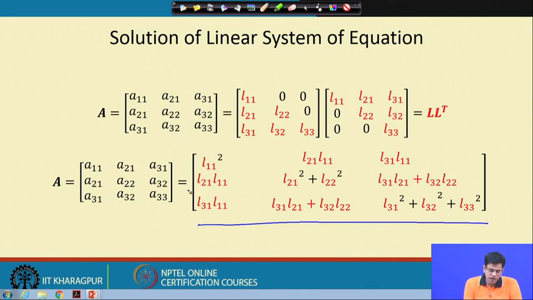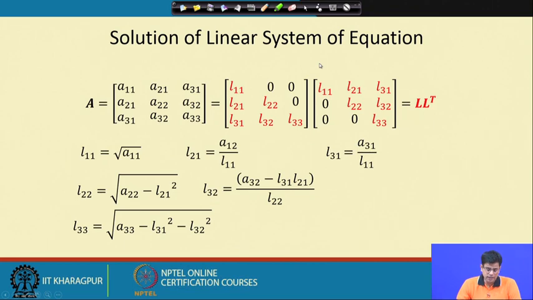Now, by comparing each element of the matrix, we can find out L11, L21, L22 and so on. Let us see how it gives us L21 and the Lij's. If we do this, it turns out that L11 is the square root of A11.